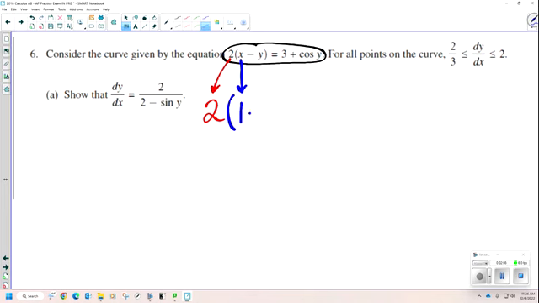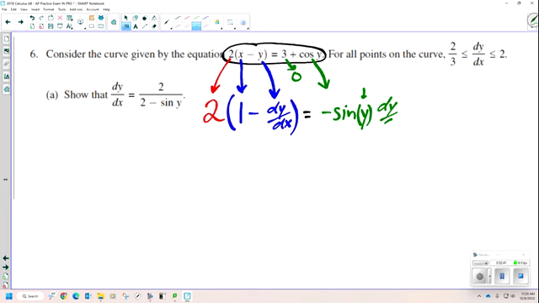The derivative of 3 is just 0, so I'm not going to write that down. The derivative of cosine is negative sine of y times the derivative of the inside, the chain rule. The derivative of y is 1, but dy/dx, because we're taking the derivative of a y term.